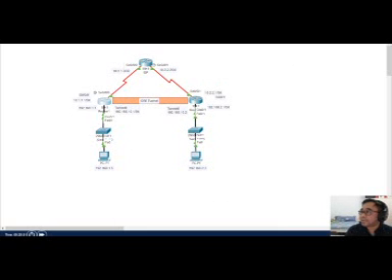So we have successfully configured a tunnel between these routers.